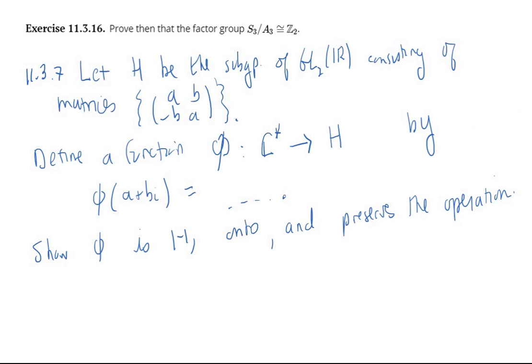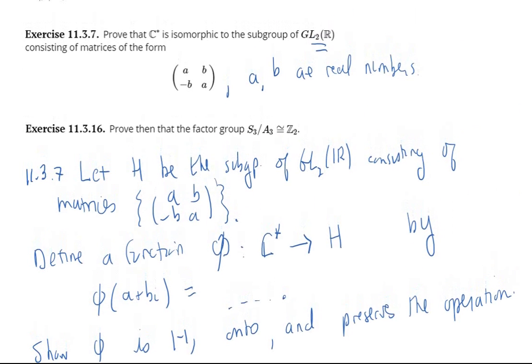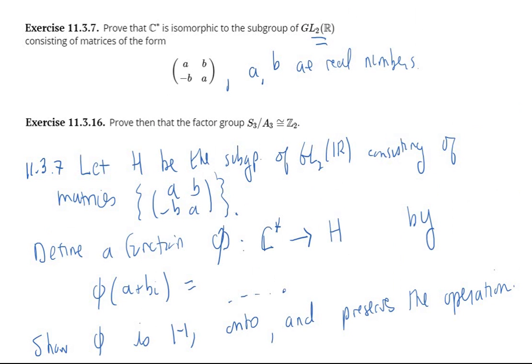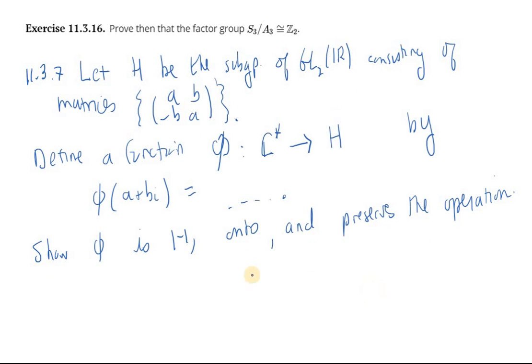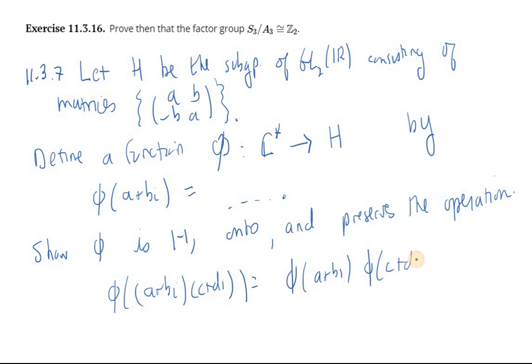Just verify this statement. You remember the statement that you're going to want to have: phi of a plus bi times c plus di is equal to phi of a plus bi times phi of c plus di, where this multiplication is matrix multiplication, and this multiplication is complex multiplication.